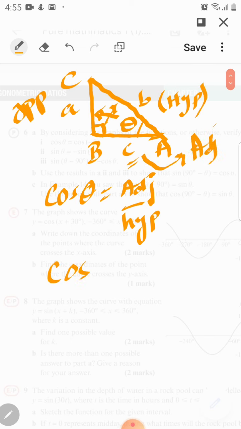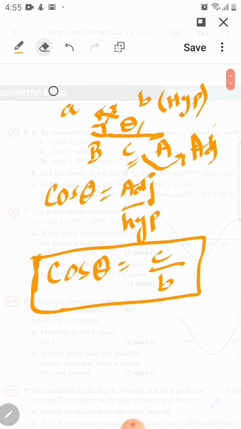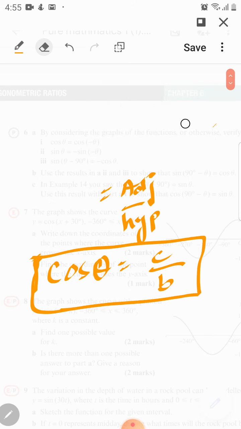So cos theta here is adjacent c over hypotenuse b. You can say that. This is the cos function. Cos is basically the ratio between the adjacent and hypotenuse in a right angle triangle.